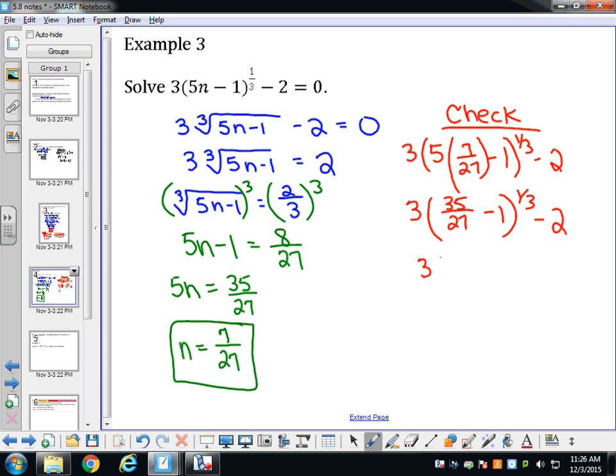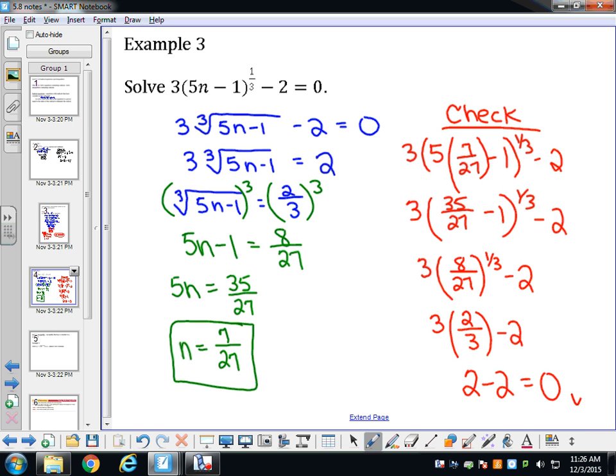So I get 3 times (8/27) to the 1/3, minus 2. Then, after taking the cube root, I get 3 times 2/3 minus 2, which leaves me 2 minus 2, which is 0. So n truly does equal 7/27.